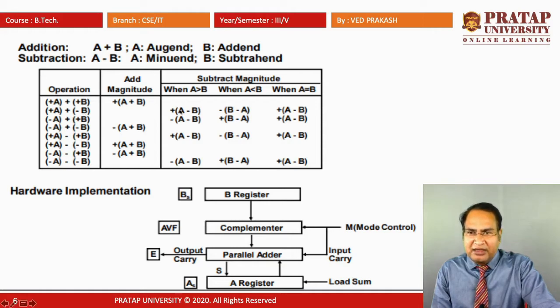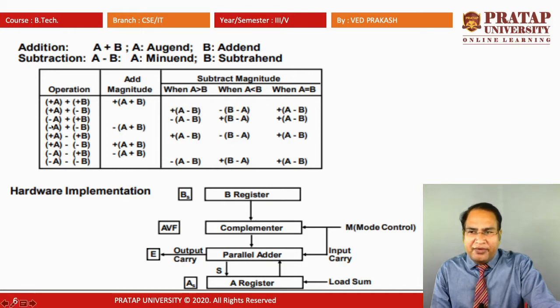If A is greater than B, then this addition will be performed like a subtraction, and the subtract magnitude will represent the positive magnitude. If A is less than B, then it produces the negative magnitude. If both are the same, then it presents the positive.